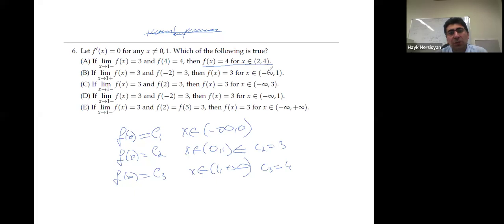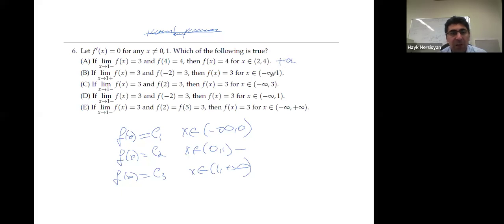Hence, f of x is constant from 2 to 4, since this is true, let's move forward. At this point, it seems that, yeah, this one seems to be okay.